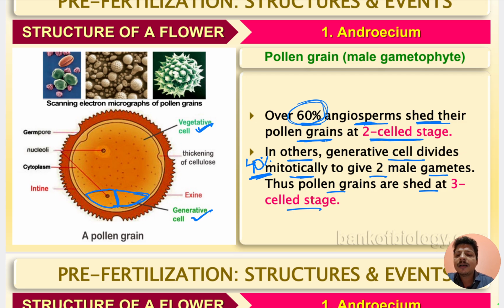Then it becomes the 3-cell stage, and then they are shed. Shed means they come out from the anther.